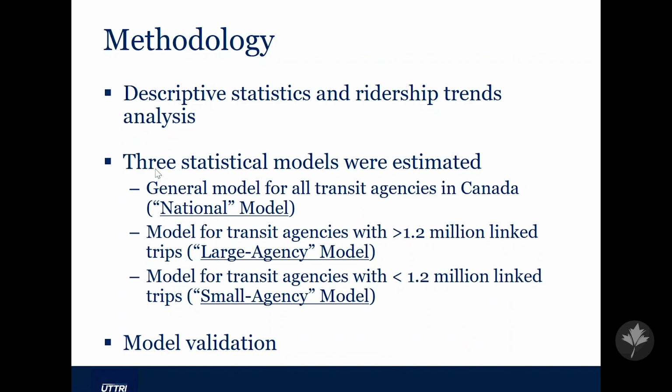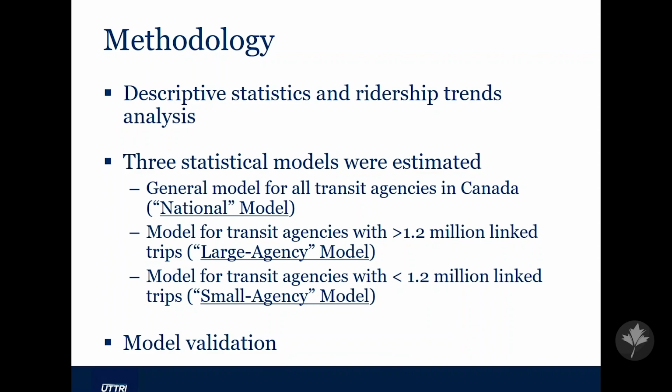But the crux really of the work was to develop the 3 statistical models. The first model was a national model, a general model for all transit agencies in Canada, and then we divided the data set into large agencies and small agencies, and we developed a model for each one of those.